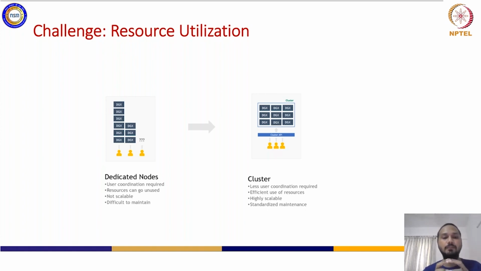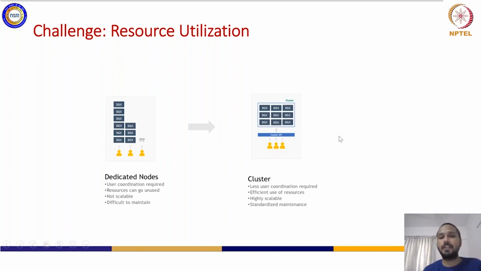Generally, in an environment like colleges or other centers, you would not get a dedicated node. The users need to coordinate among themselves, and there might be a case where resources even go unused if the coordination is not proper. It's not a scalable model, and it is very difficult to maintain. You can't just keep on adding machines and expect everyone to talk to each other and schedule their jobs.